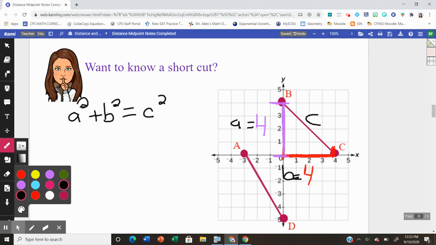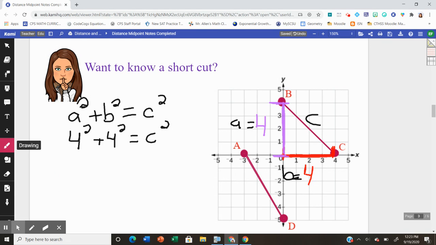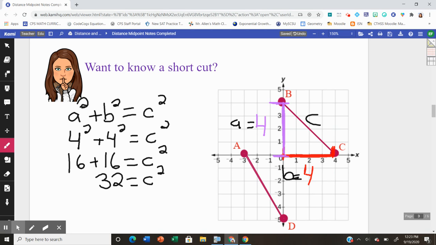All right, so let's plug into the formula. A squared plus b squared equals c squared. 4 squared is 16. 4 squared is 16. 16 and 16 make 32. And the last part, in order to solve for c, the opposite of squaring something is taking the square root.